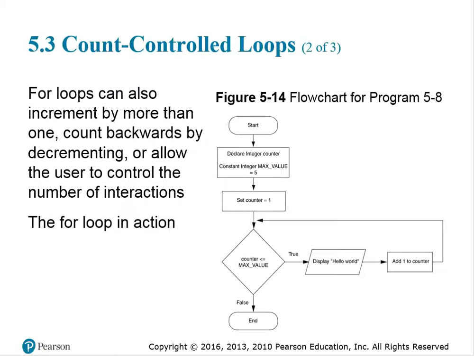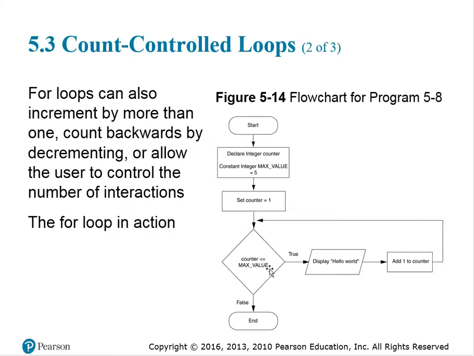So I'm using a for loop that can display hello world 5 times. You could increment or you could decrement, but for this example I am going to increment by 1. So set counter equals 1. Is 1 less than or equal to max value, which is 5?